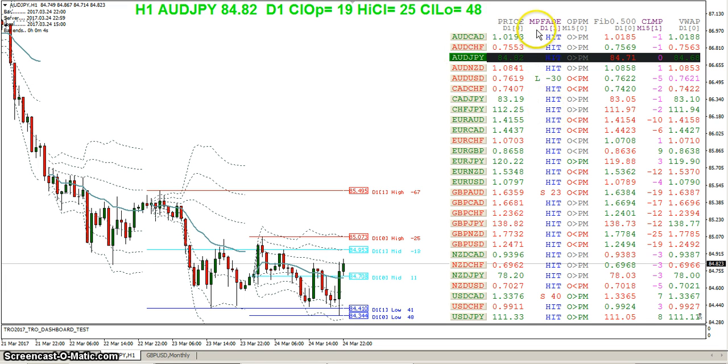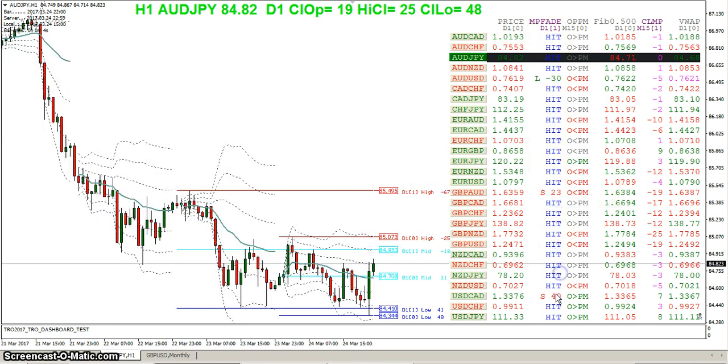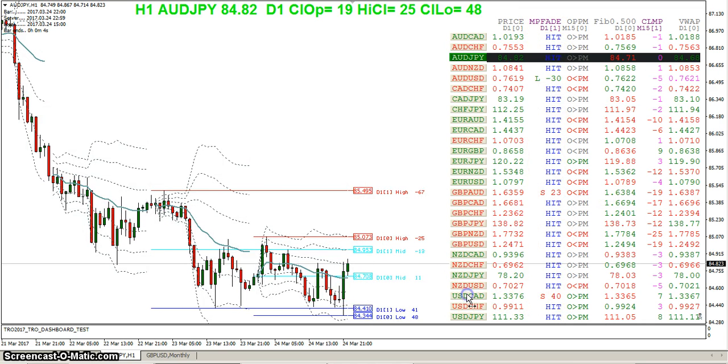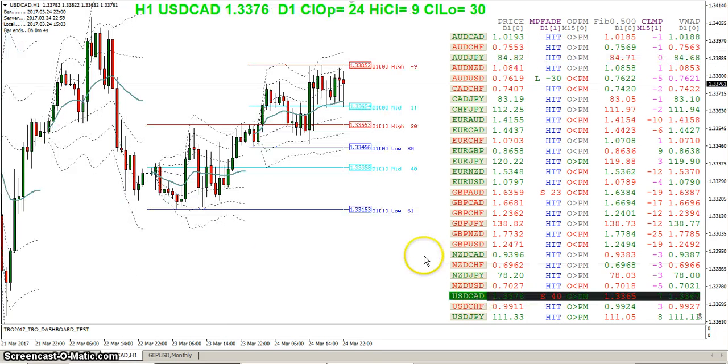So this is the dashboard. So midpoint fade. Now, a lot of times when the market opens, price is going to be away from the midpoint. If you fade it, as you can see here, there was a bunch hit. A few didn't hit, but that doesn't mean you couldn't have made money. So here's where, let's see, it opened here.